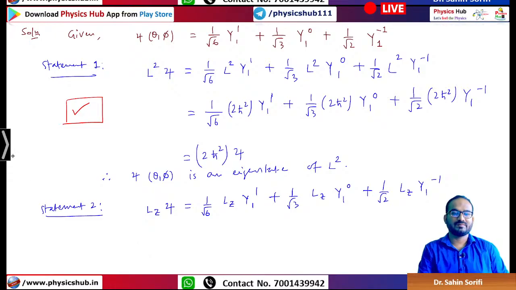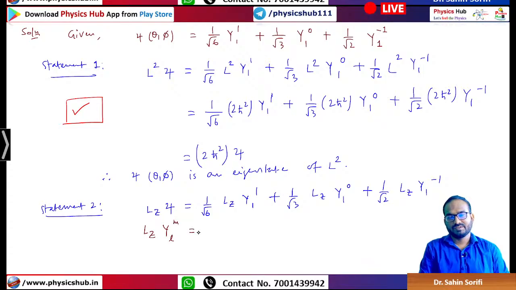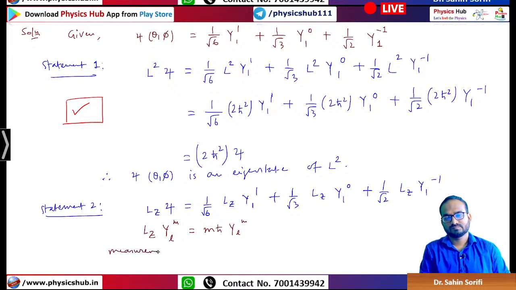So what is the measurement? You know, if Lz is applied on Ylm, it gives you m h cut, right? So here the measurements will be 1 h cut, here 0 h cut, here minus 1 h cut.